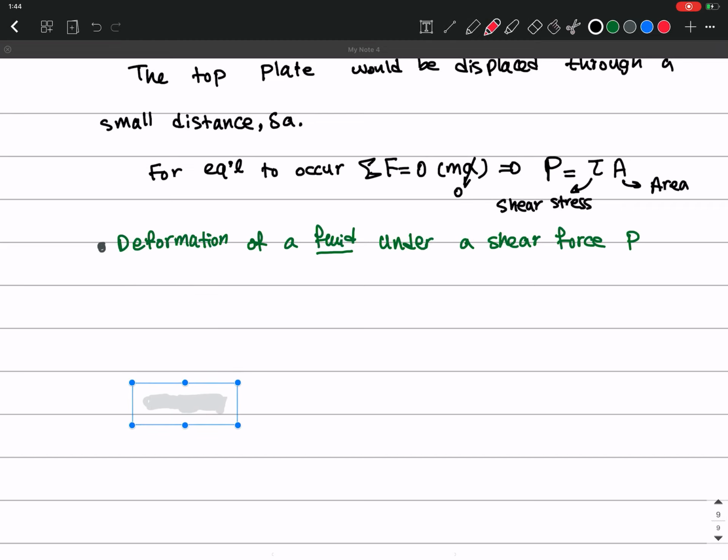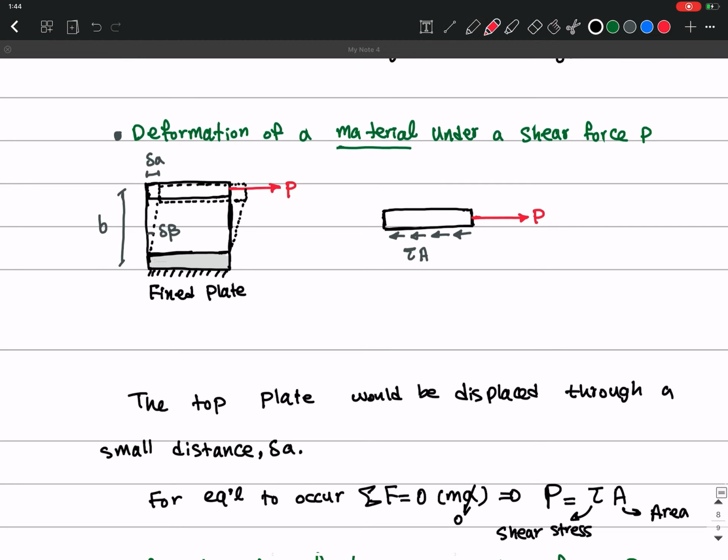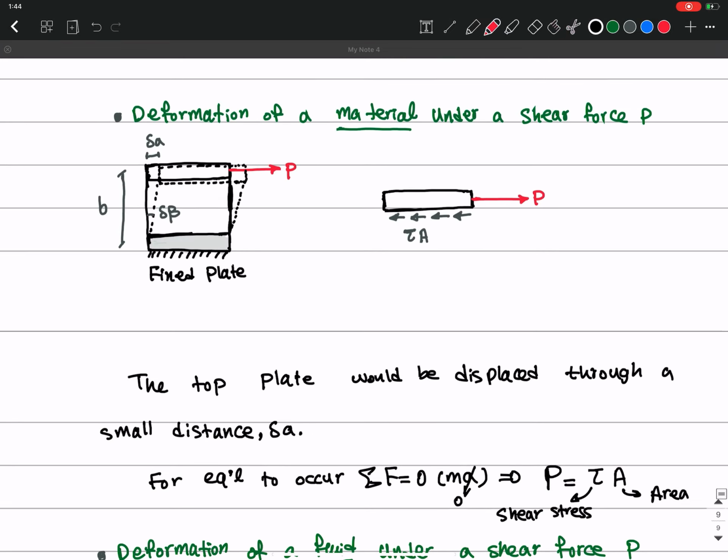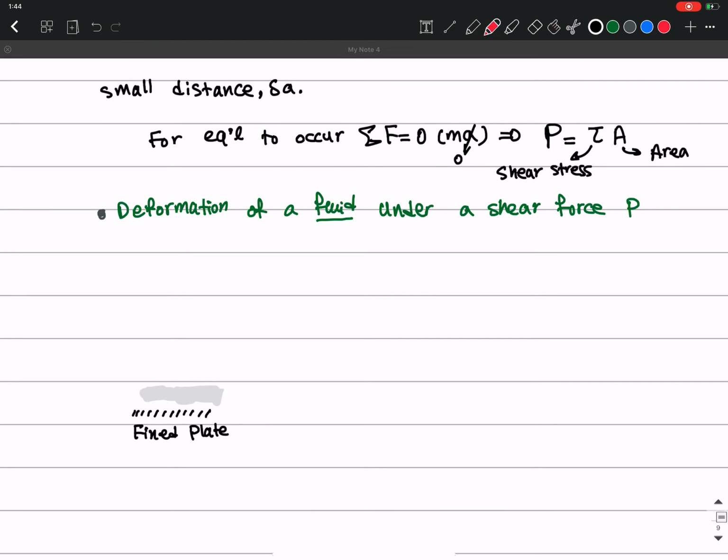Yeah, it was not copied well. I think it's better if I draw it.